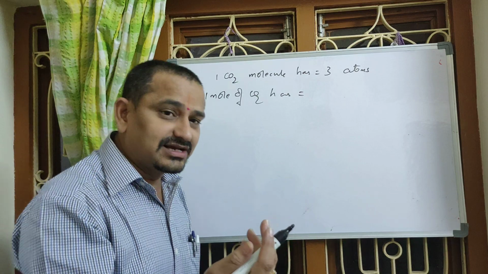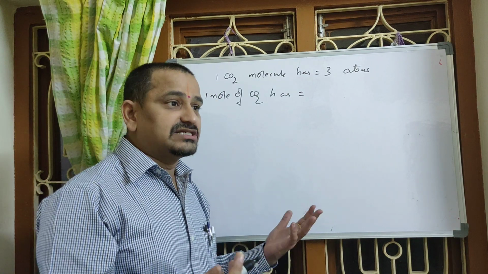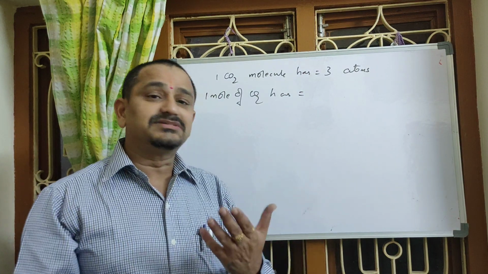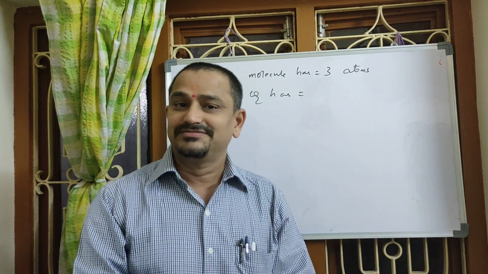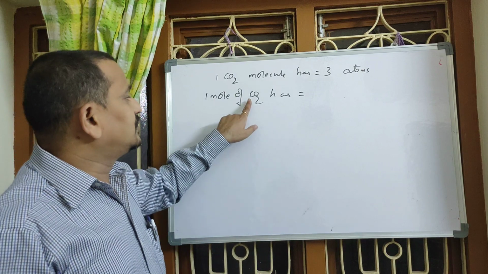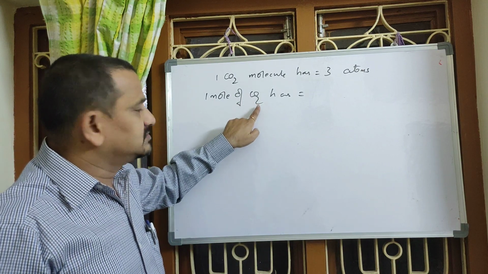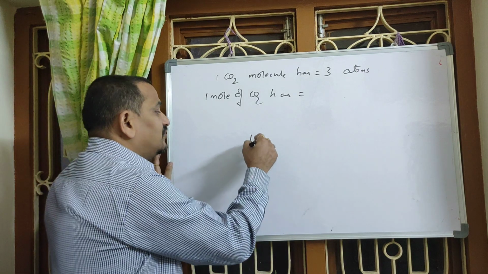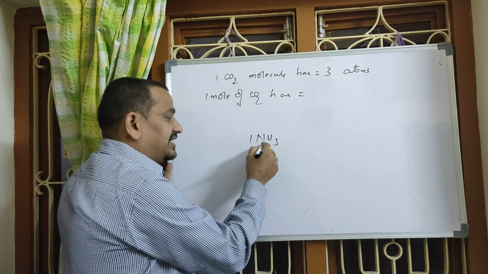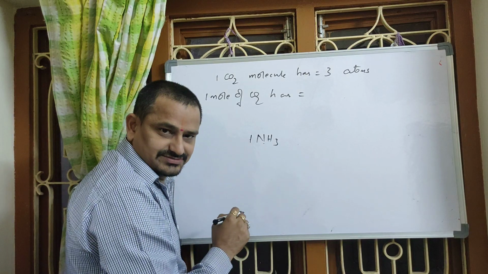The point to be recollected here is, whenever we are speaking about something in terms of moles, all its entities must be expressed in terms of moles. Suppose 1 mole of CO2 has 1 mole of carbon, 2 moles of oxygen. Understood? 1 mole of ammonia has 1 mole of nitrogen, 3 moles of hydrogen.